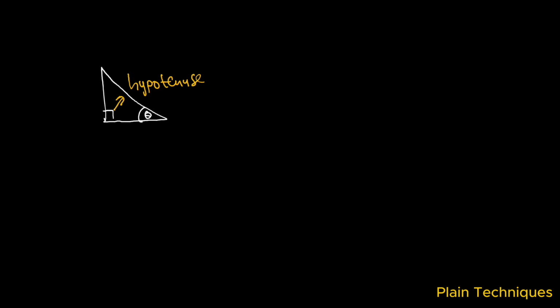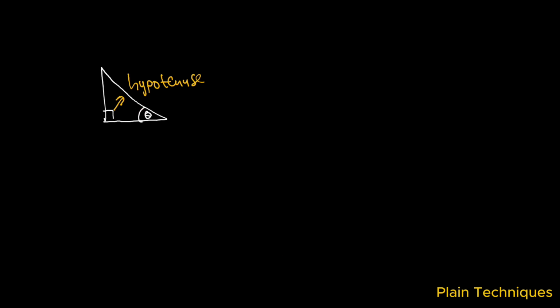You look at what you have here. The angle that you're given, it can either be here or there, right? So the side that is directly opposite the angle that you are given, that side is therefore called the opposite.